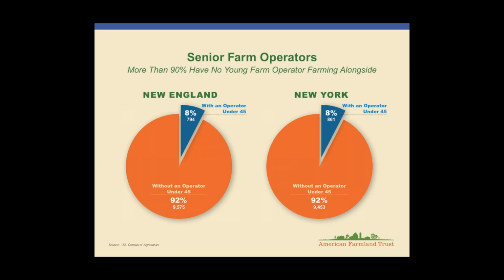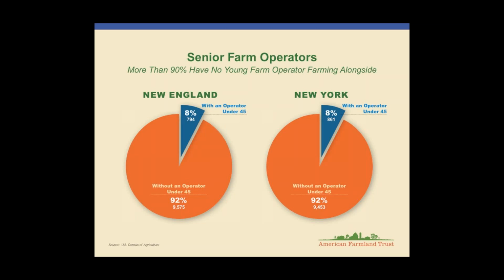It's clear that there is a very significant number of senior farm operators that don't have anybody under age 45 farming with them. Does it mean that they don't have a successor? We don't know that it means that.